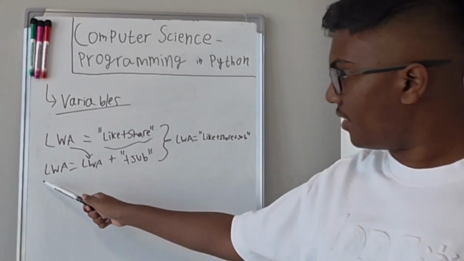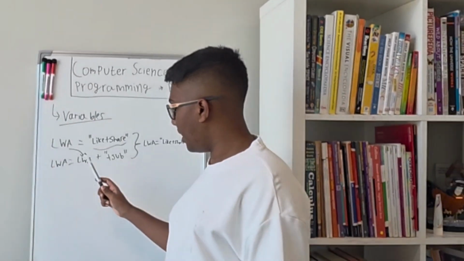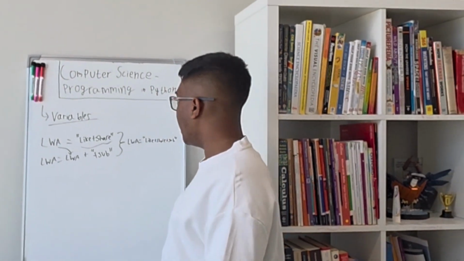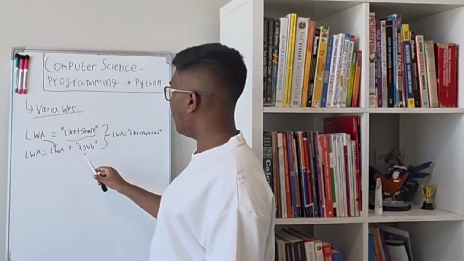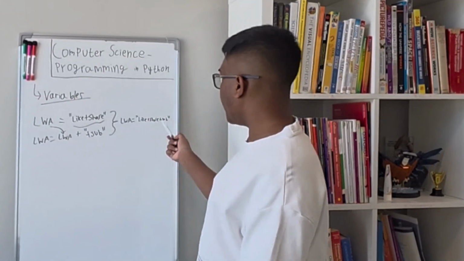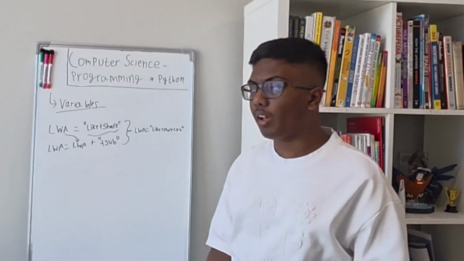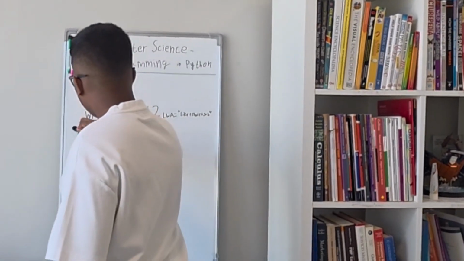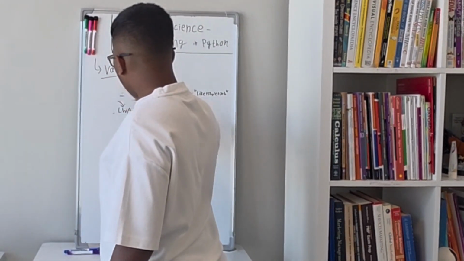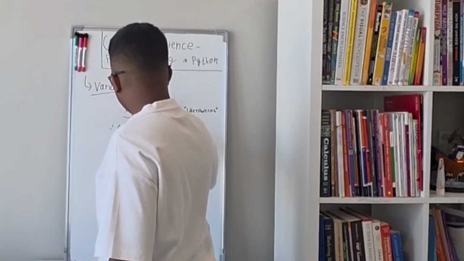Now this new iteration of LWA is the old iteration of LWA plus the string plus sub. So we would get the new LWA as like plus share plus sub. And if we were to print it, we would get the same value, like plus share plus sub.